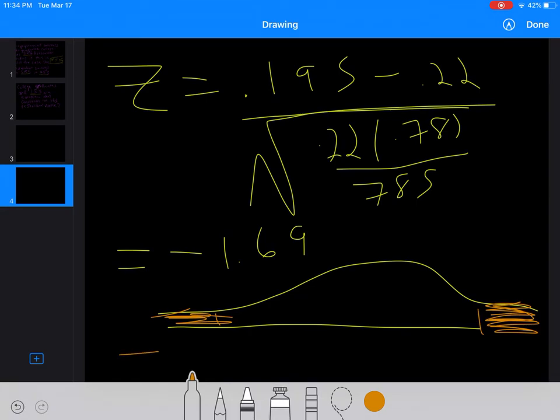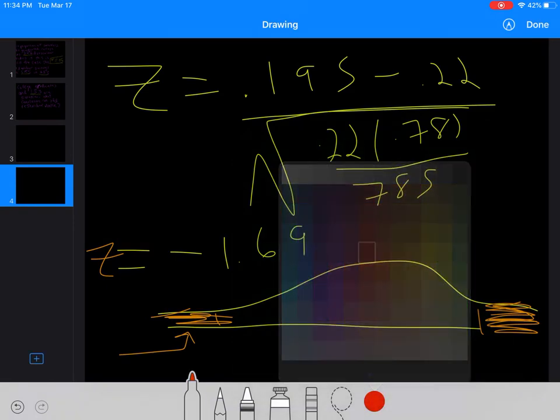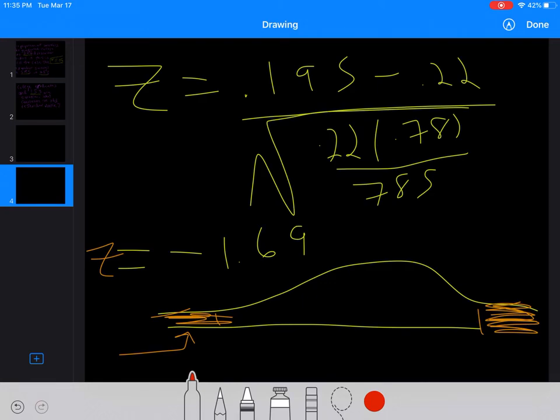So we want to check the left side z-score area. So if we look at our table for a z-score value of negative 1.69, what we're going to get is 0.0455. That would correspond to that value right there.